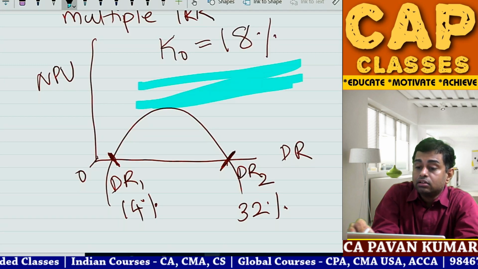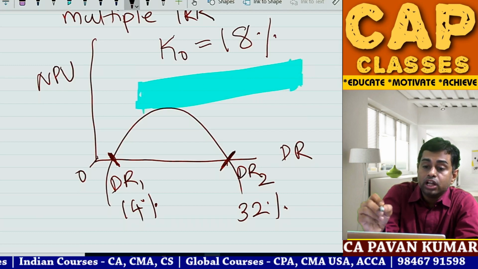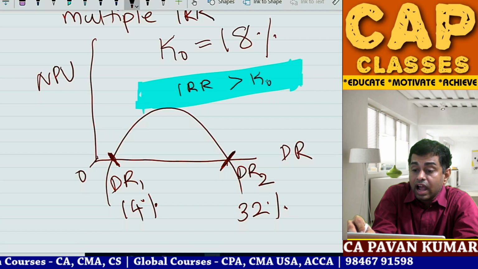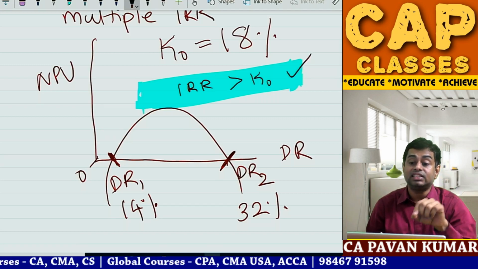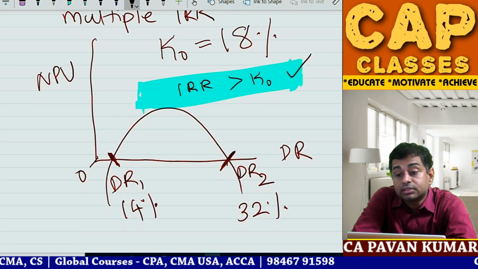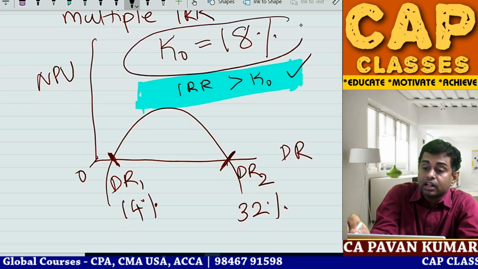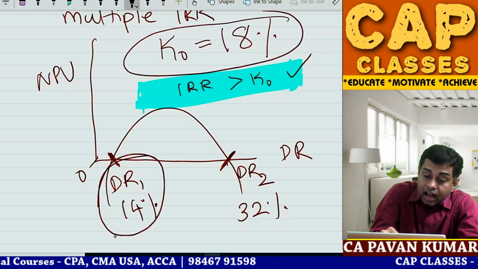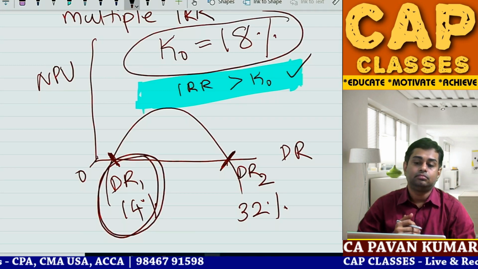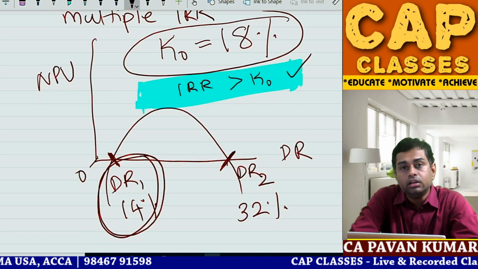You know that there is a golden rule for investment. What is the golden rule? If IRR is greater than KO, accept the project. If IRR is less than KO, reject the project. Now my problem is, if I consider this cost of capital with this IRR, I have to reject the project, because cost of capital is 18, IRR is 14, reject.